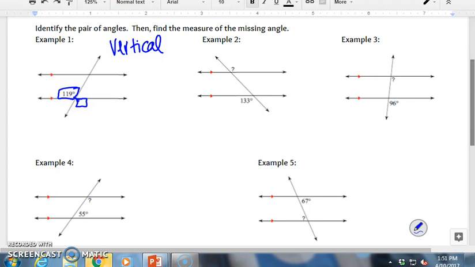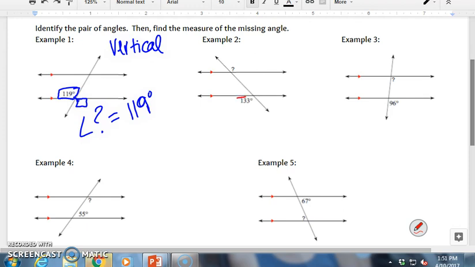So there's a few other terms mixed back in. So if those are vertical, then angle question mark is going to equal 119 degrees, because vertical angles are equal.